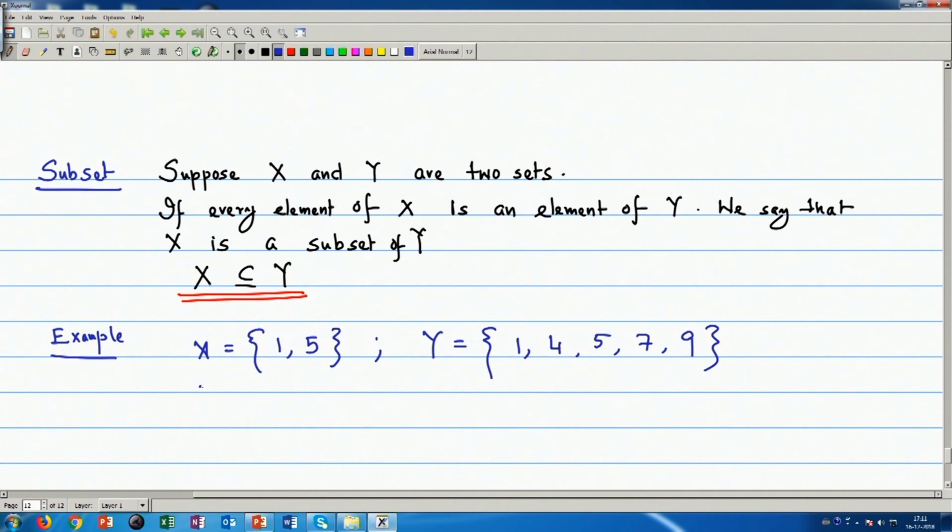So, I can say that x is a subset of y, since 1 belongs to y, 5 also belongs to y, and my x is 1 and 5 only. So, this is my subset notation.